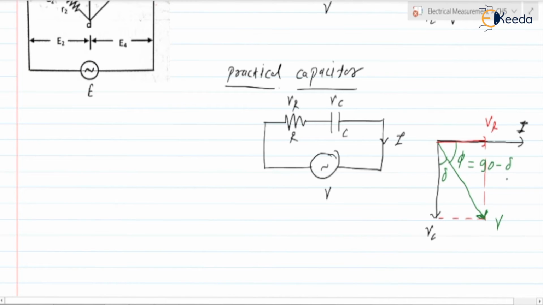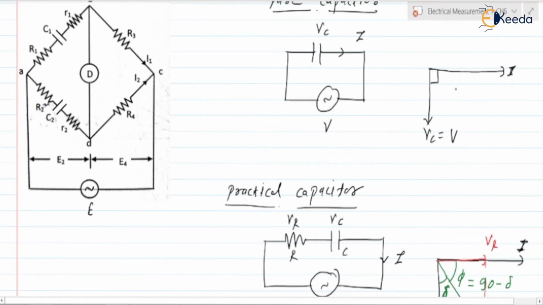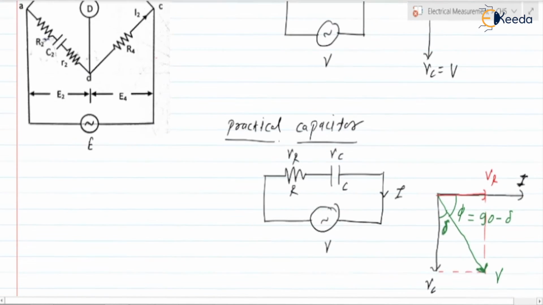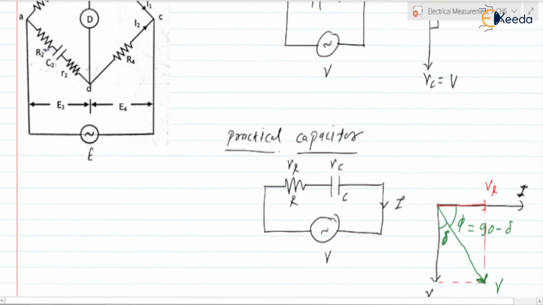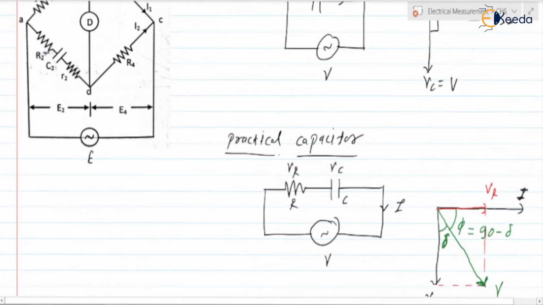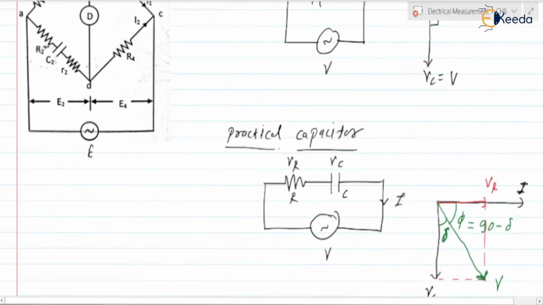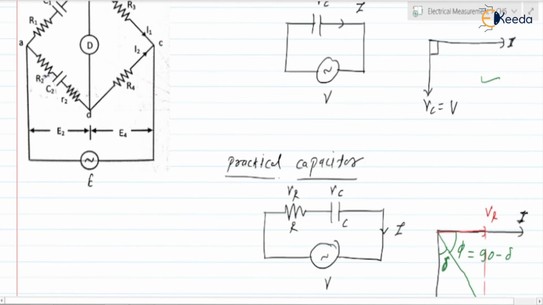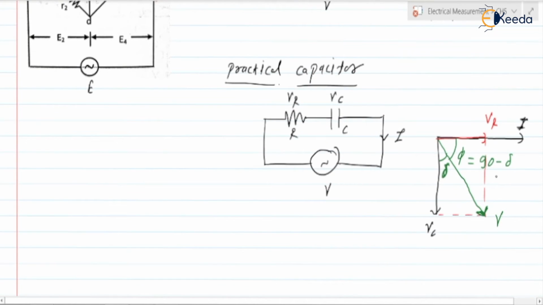Now if you check in both the cases, here delta is 0 degrees, and phi is 90 degrees in this case. But here phi is 90 minus delta, and the angle between V and VC is delta.